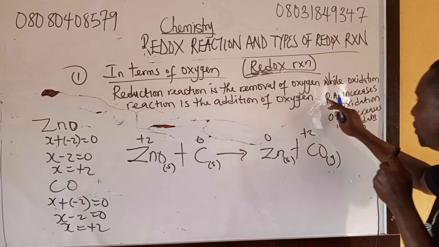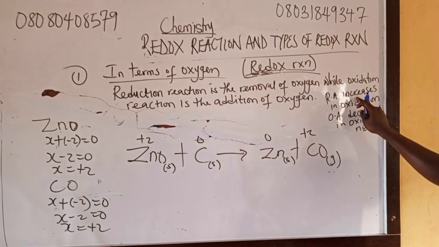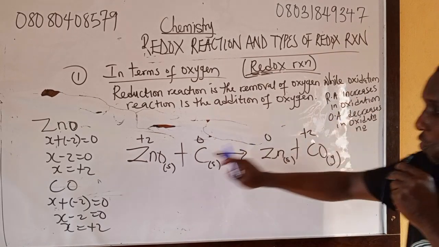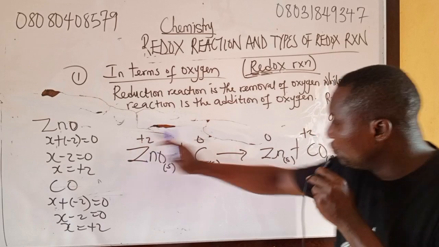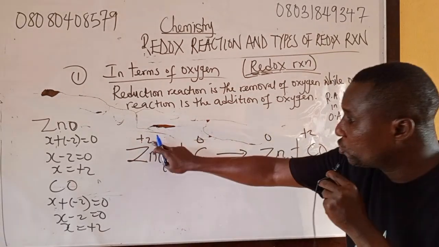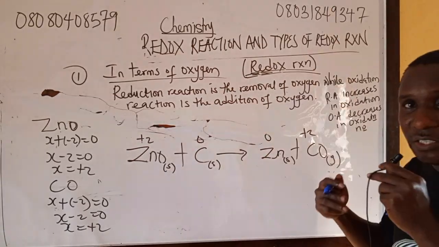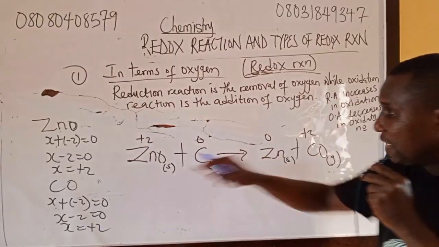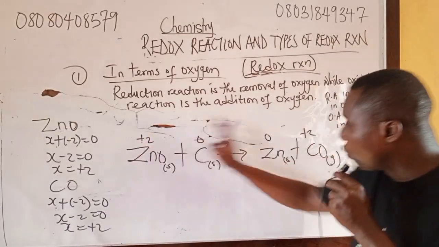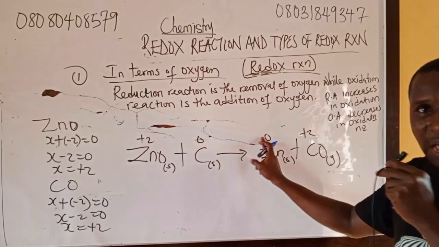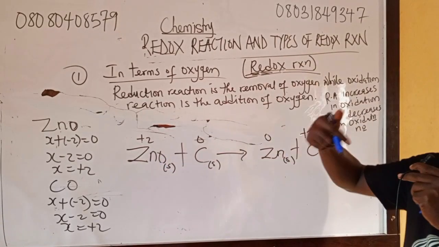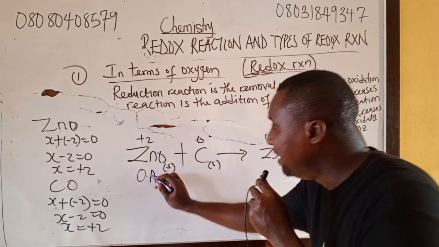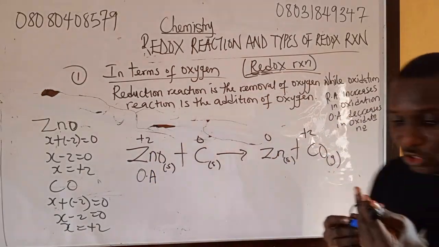Take note of that. Look at zinc here, +2. Here it is 0. From +2 to 0, is that an increase or a decrease? It has decreased from +2 to 0. Therefore, any substance that decreases in oxidation number is known as the oxidizing agent.